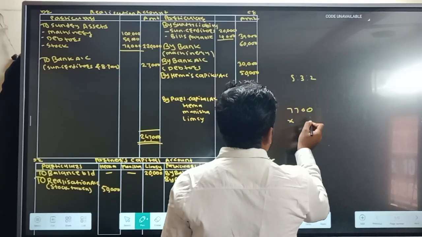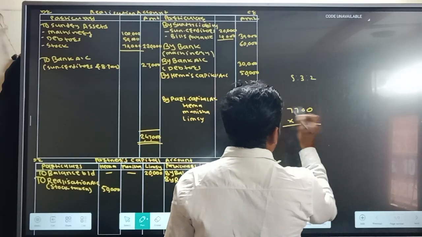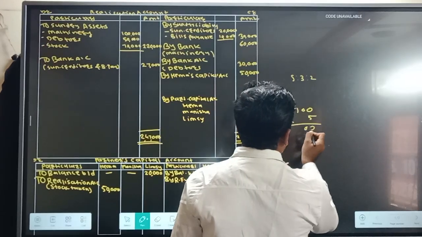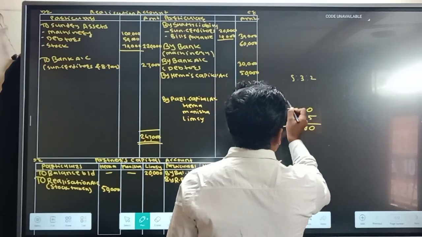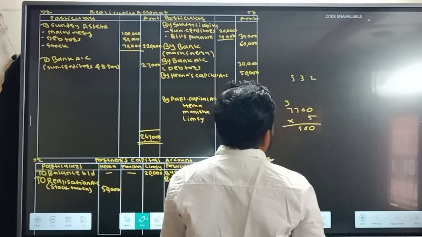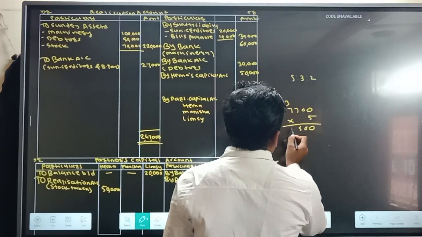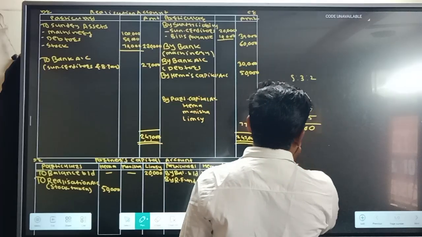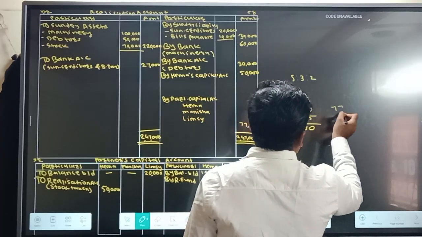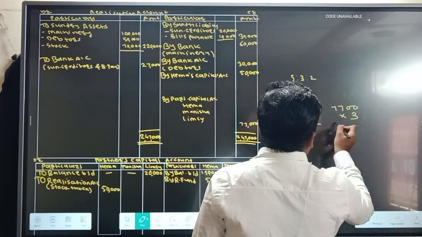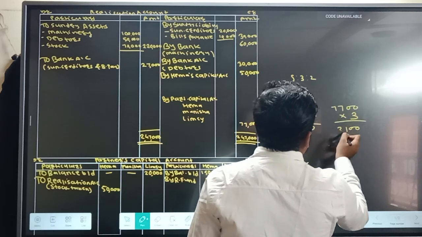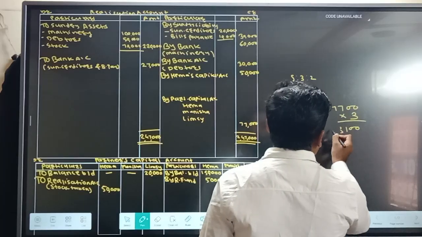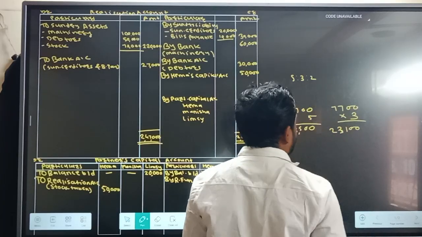Into 5, that is the first partner's share, 38,500. Second, 23,100.